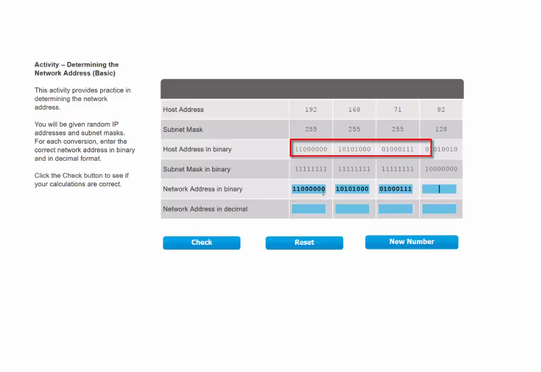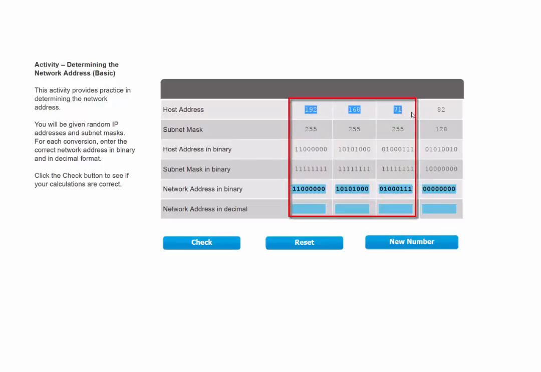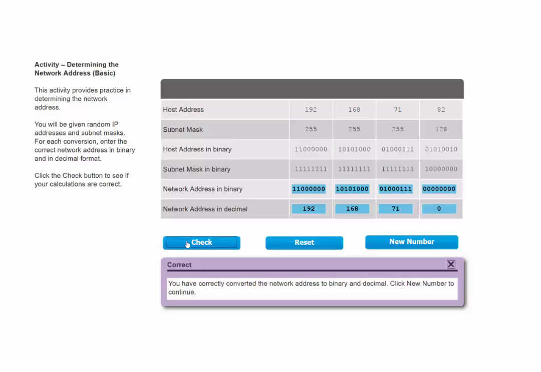And then for this byte, this bit will remain the same, and the rest will be zeros regardless. So 0 and then 7 zeros. So simply this is in decimal, the same host address until this number, which will be set to 0 in that case. So 192.168.71.0 in that case.